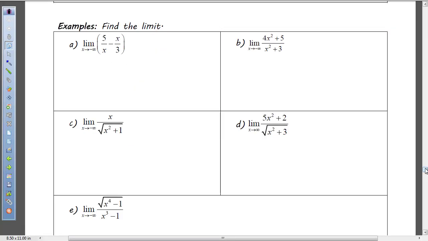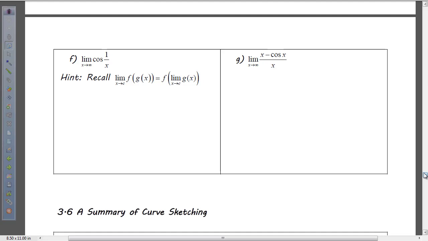Here we're interested in the limit as x approaches infinity of cosine of 1 over x. And it says recall that the limit as x approaches c of f of g of x is equal to f of the limit as x approaches c of g of x. And we've actually already been using that because we've had some expressions inside of a radical.